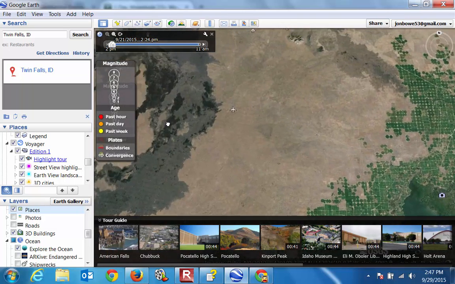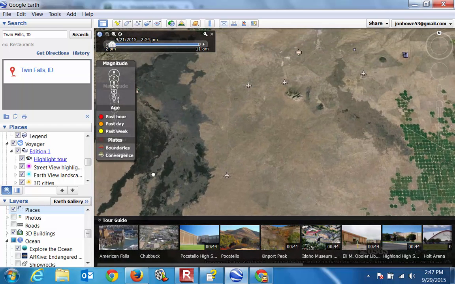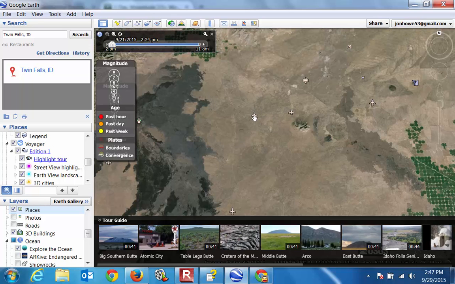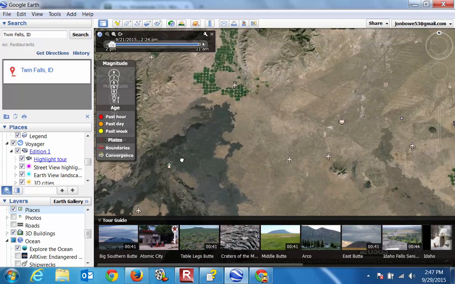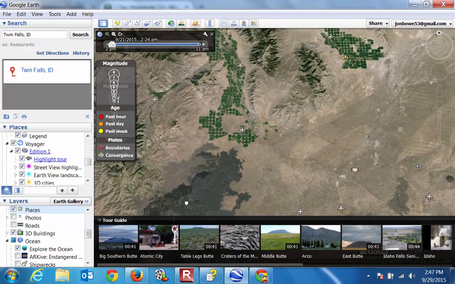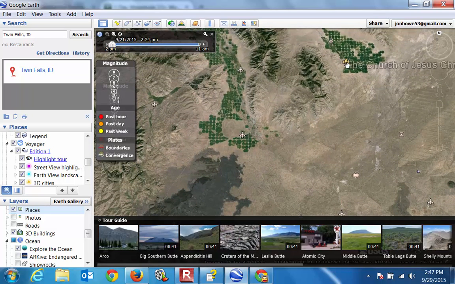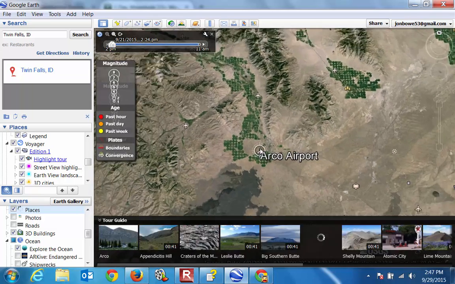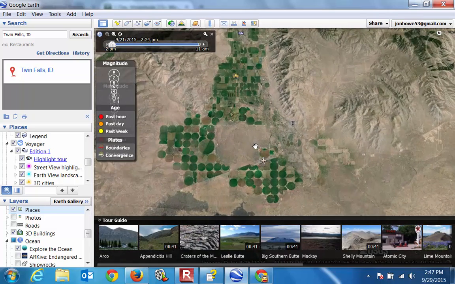Well, a point of interest here, when we were up closer to Arco, back to Arco, see if I can find it again. There it is right there. Arco Airport, so if we kind of get down closer where I can see the road here.